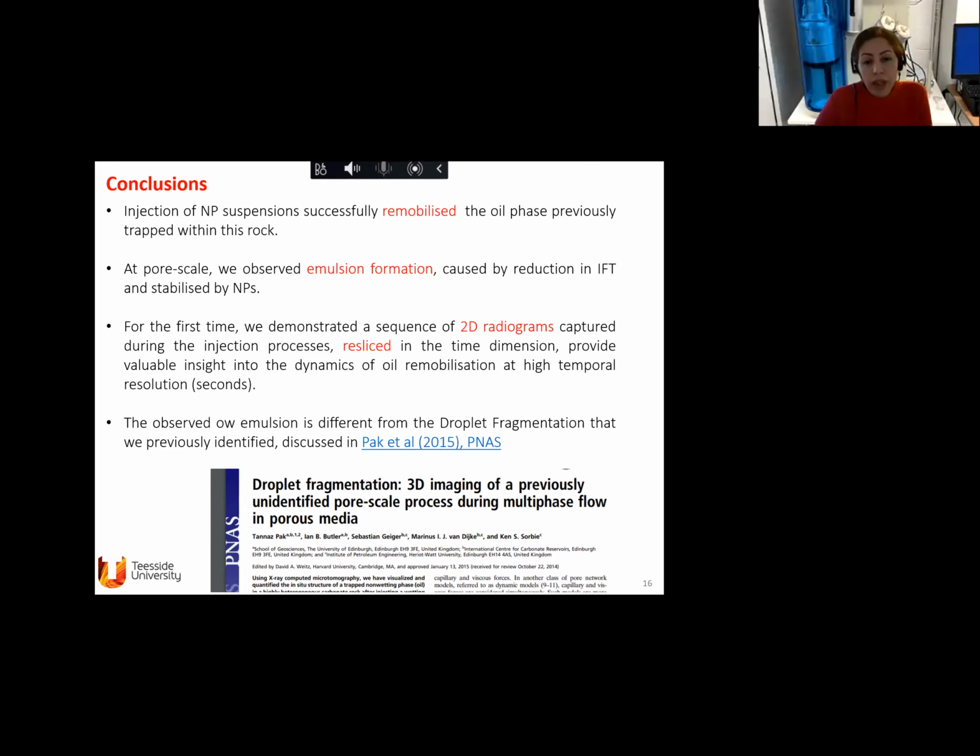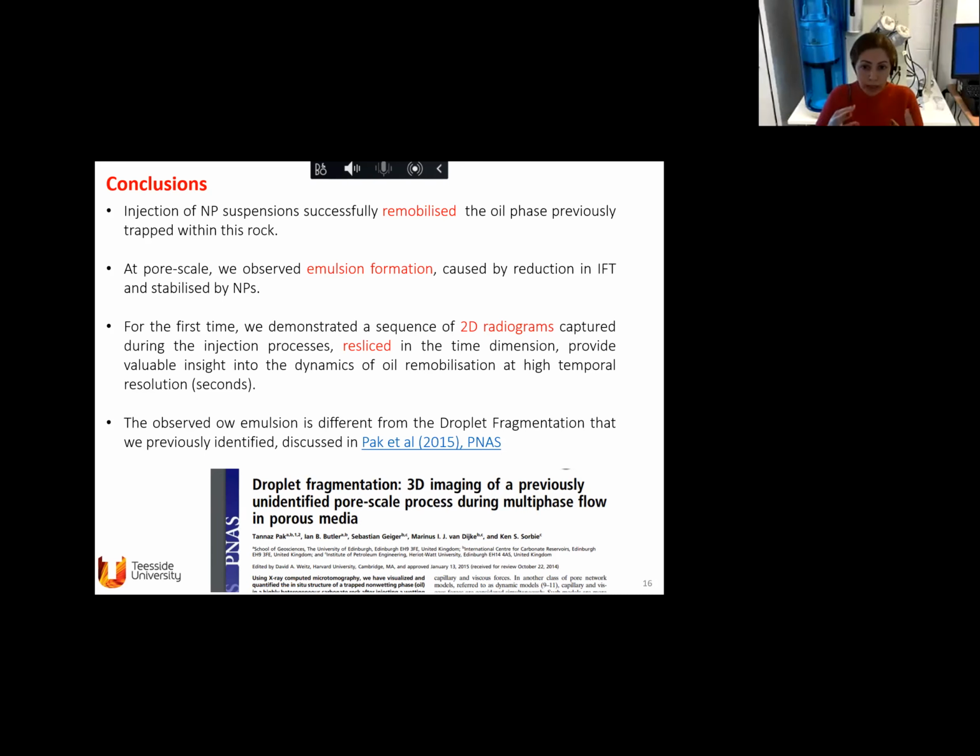I just want to mention here that what I'm showing here is different from another pore-scale mechanism that we observed about 5-6 years ago. That we named droplet fragmentation, and that happened in the same rock, but the experiment was different. We didn't have any nanoparticles in that case, but we had injections using two different flow rates and two different flow regimes, capillary dominated and viscous dominated.